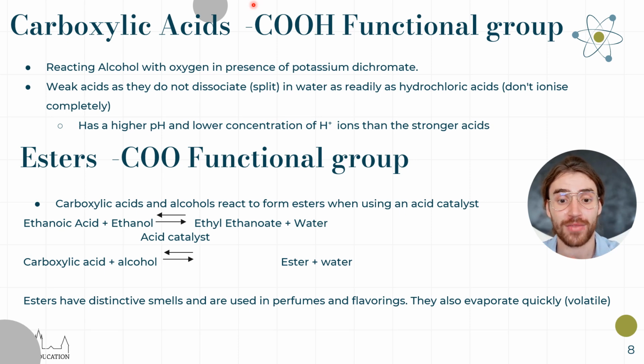And it makes sense because that original carboxylic acid is going to lose a hydrogen, and that original alcohol is going to lose its OH functional group. So that OH functional group and that lost hydrogen are going to come together to form the water that is given off by this reaction to form an ester.